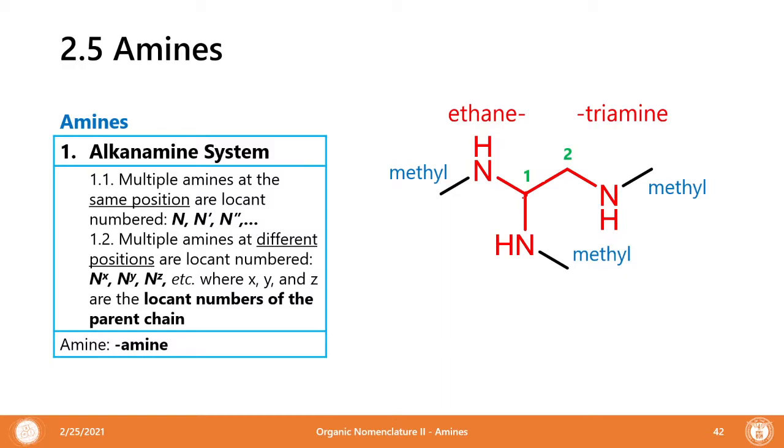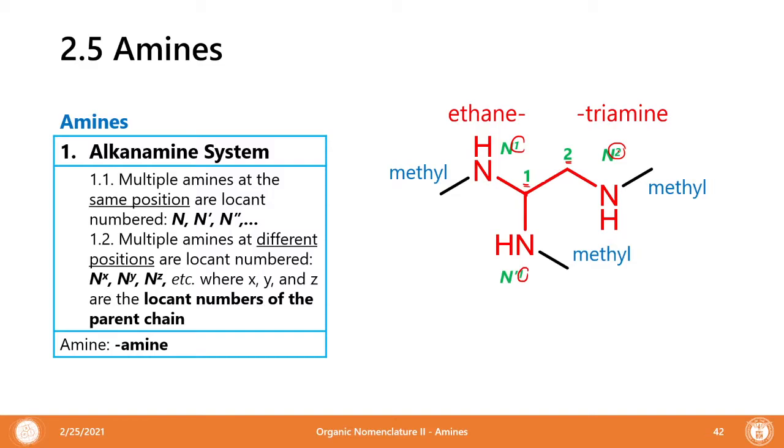We first assign superscript numbers to the N descriptors based on the locant number. So if we have 1 here, then this would have 1, as well as this one. And if the locant number is 2, the nitrogen directly connected to this will get the superscript 2.